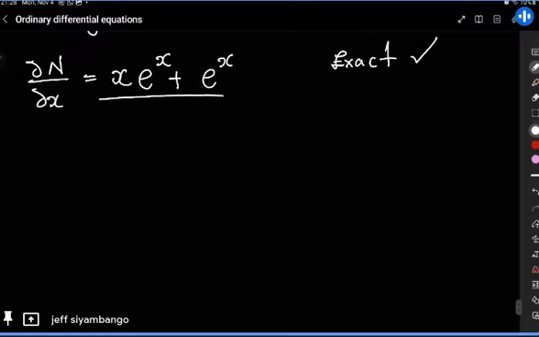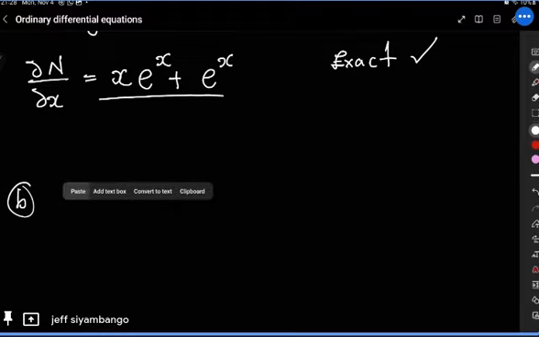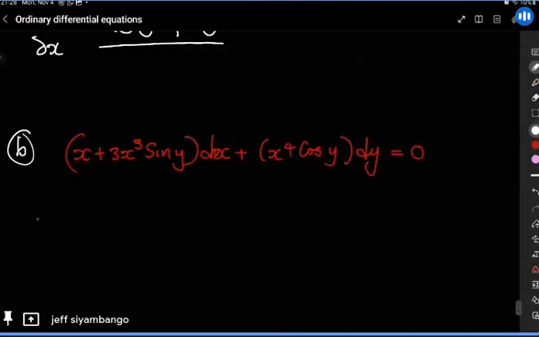Okay, so let's check if B is exact. So this is what we have. In the same way, we define M(x, y). This is x plus 3x^3 sin y.